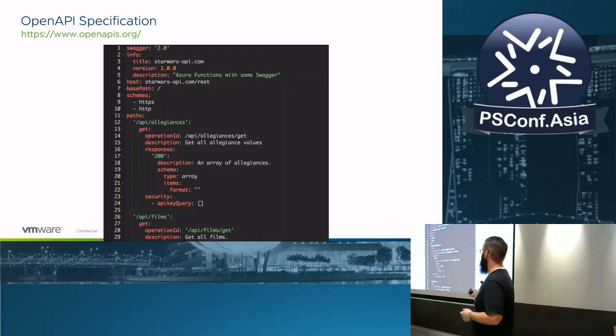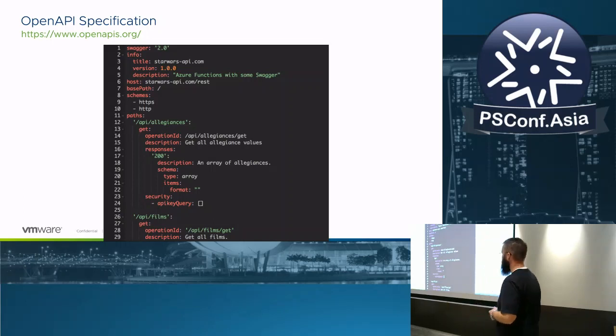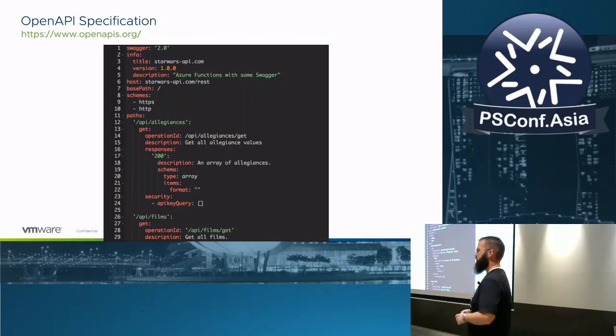And then we start to get into the actual methods themselves. So right there we're doing a get against the allegiances, and then we can see what kind of things we're going to start getting back, including a description and the ID, as well as responses. And you know what a 200 is if you've ever used a web page. Same thing for REST APIs.